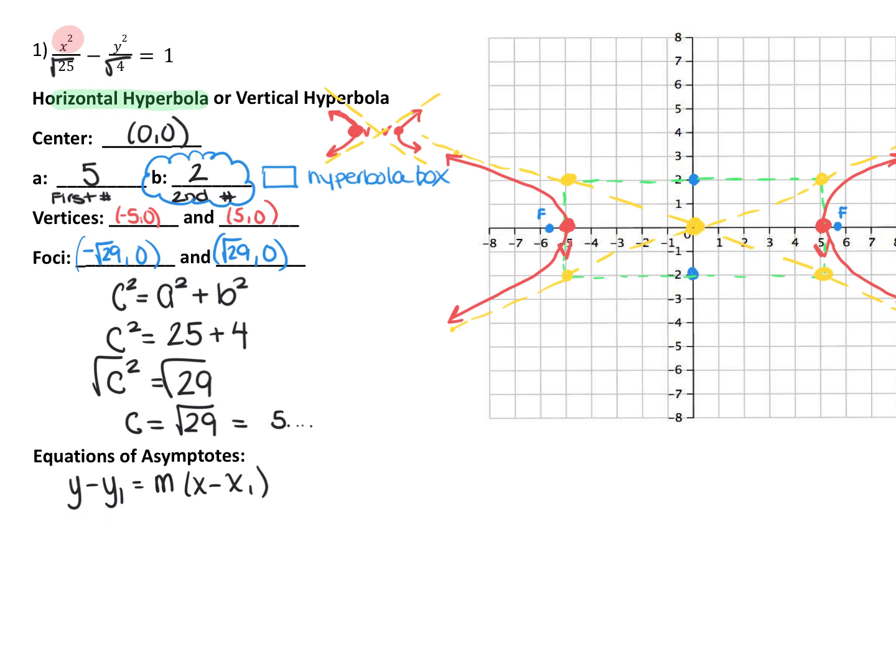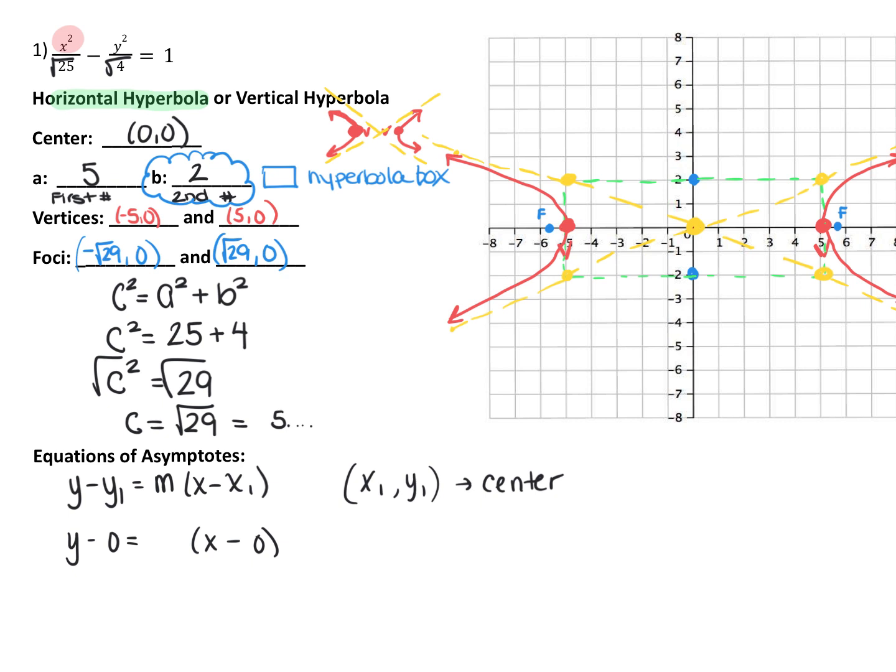In this formula, we have an x1 and a y1, and that x1 and y1 should be your center. So in this case, we're going to use 0, 0. Notice the x and the y in the formula stay the same, right? We're not touching them. Just the x1 and the y1 become the center.